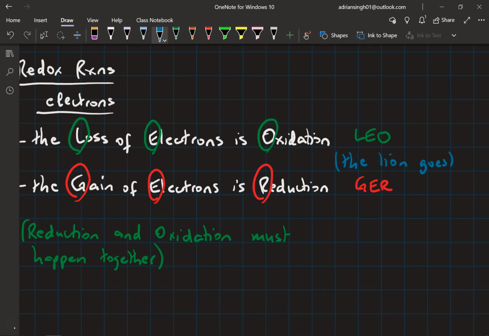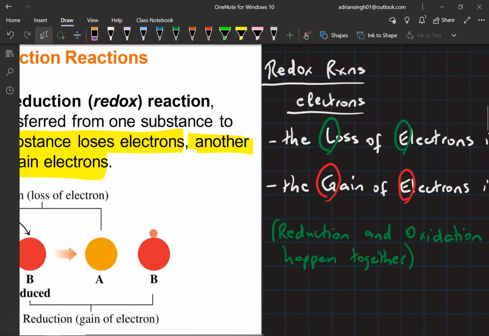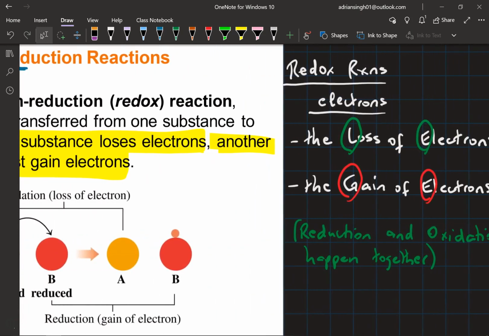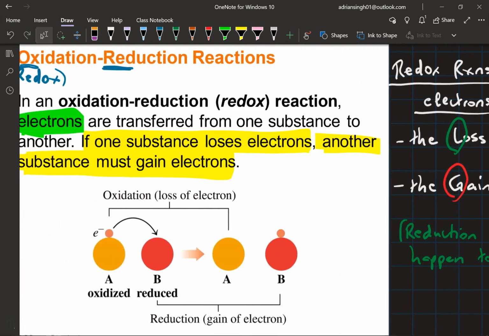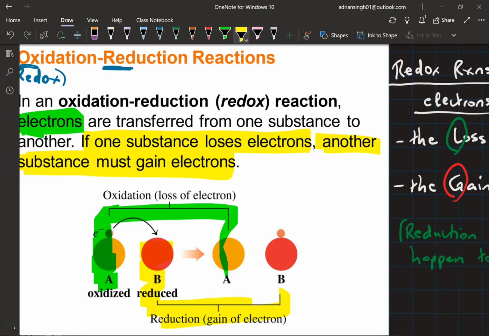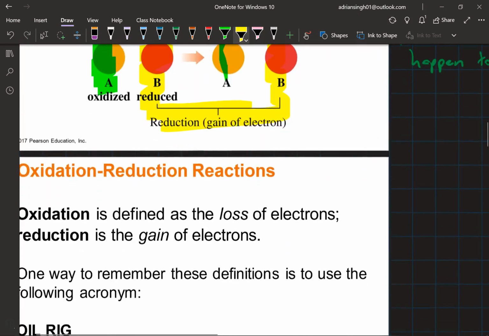So that's in terms of your electrons. We can define reduction and oxidation in terms of electrons. If something is becoming oxidized, it is going to lose electrons, as substance A in this case. And if something is oxidized, something else has to become reduced, and that's the thing that is going to be gaining your electrons.